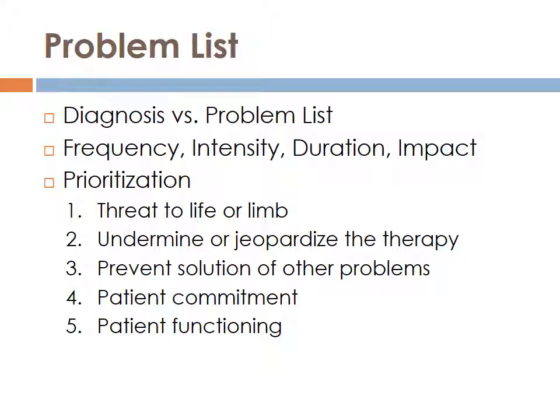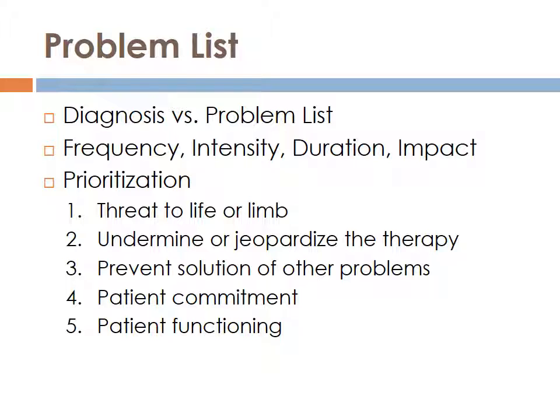Having a category makes it possible to research the people who have satisfied the criteria for that category, and this research leads to empirically supported treatments. These are treatments that have been found to be effective with people who have met these criteria. This means that if your client meets the diagnostic criteria for a disorder, the empirically supported treatments for that disorder are likely to be effective with them.